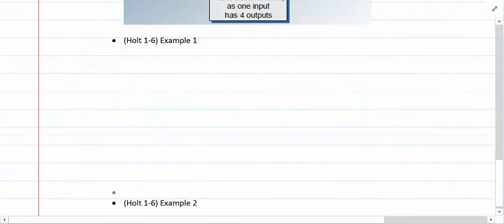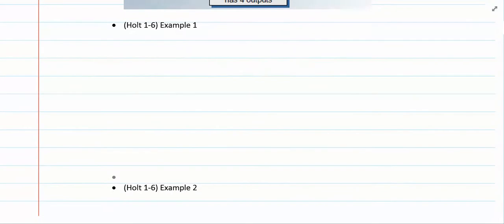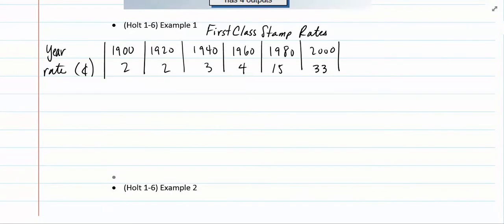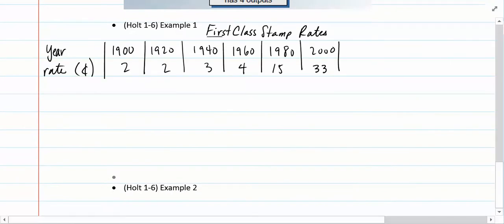Let's take a look at the example from our textbook. This example is an example of the cost for a stamp to mail a letter first class. And it also represents the cost in terms of cents for each year during the last 100 years. In 1900, it cost 2 cents to mail a first class letter.